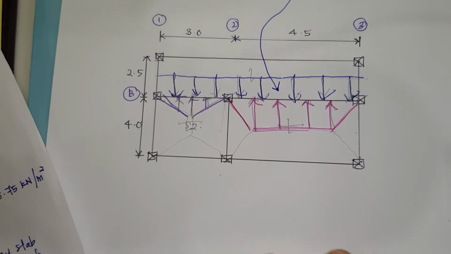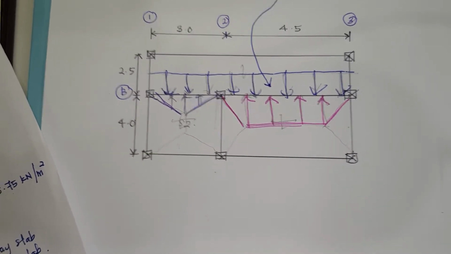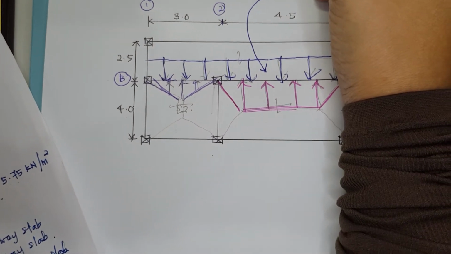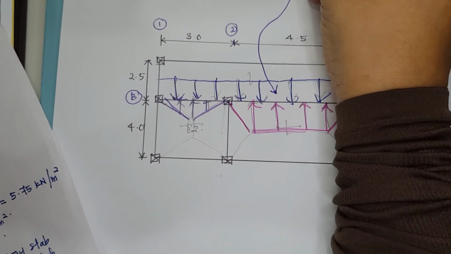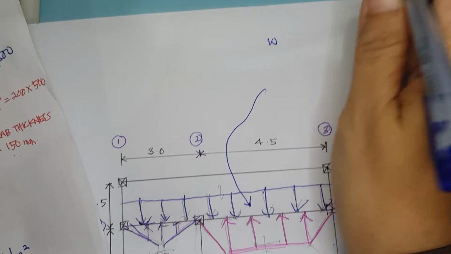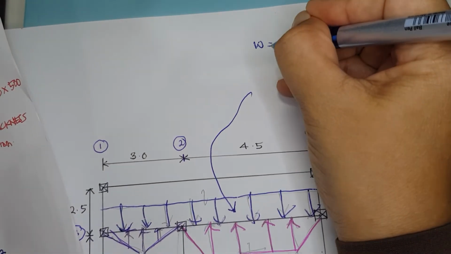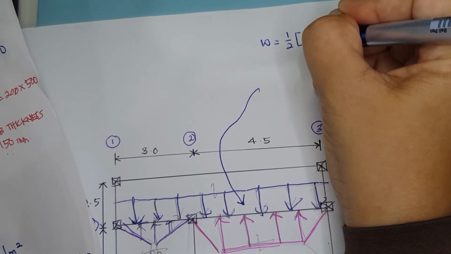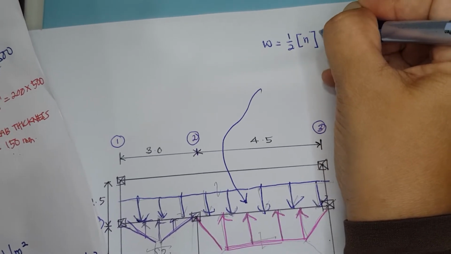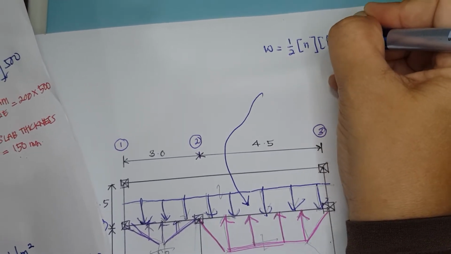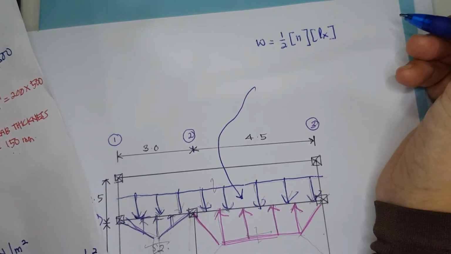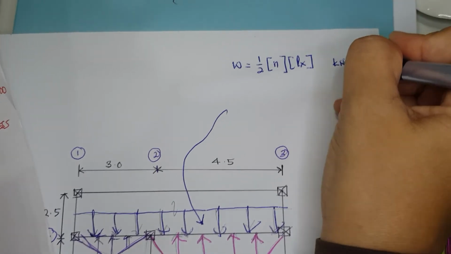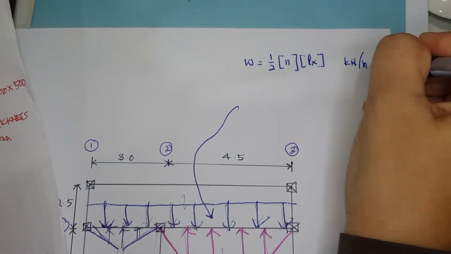So for the one-way slab, the equation is W is 0.5 multiplied with the load multiplied with the Lx. So this is the equation. The final unit should be in kilonewton per meter.